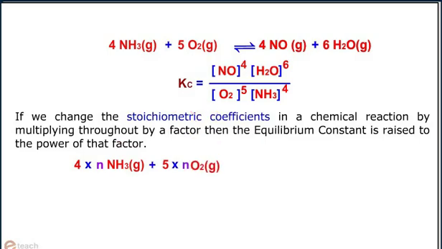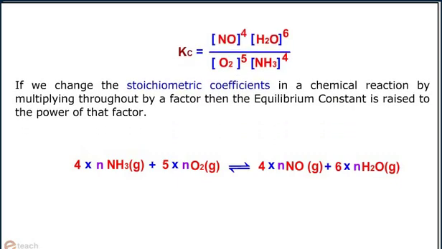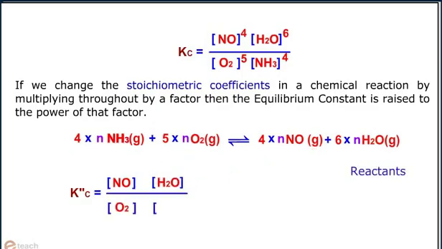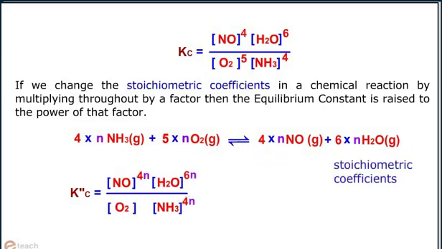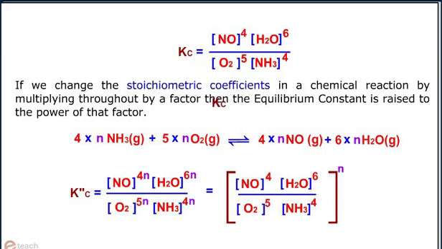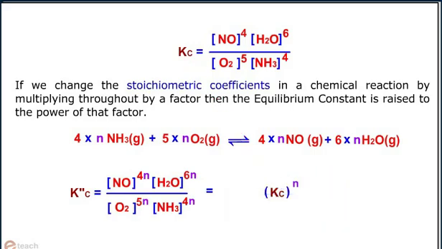For the reaction 4nNH3 plus 5nO2 reversible 4nNO plus 6nH2O, the equilibrium constant for this reaction is given by K''c equals concentration of NO raised to the power 4n multiplied by concentration of H2O raised to the power 6n upon concentration of O2 raised to the power 5n multiplied by concentration of NH3 raised to the power 4n, which is equal to Kc to the power n.